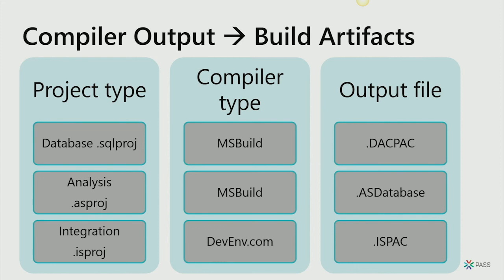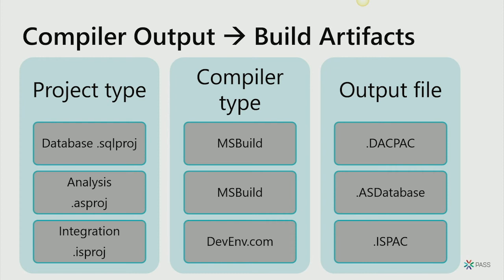So in terms of compiler output, what are the kinds of tools that we need in order to compile these projects? There's different types of projects, and the 3 that we're dealing with today are these database SQL projects, analysis (AS) projects, and integration projects. That was the SSIS project. I didn't show you that, but it's just got one package in there.